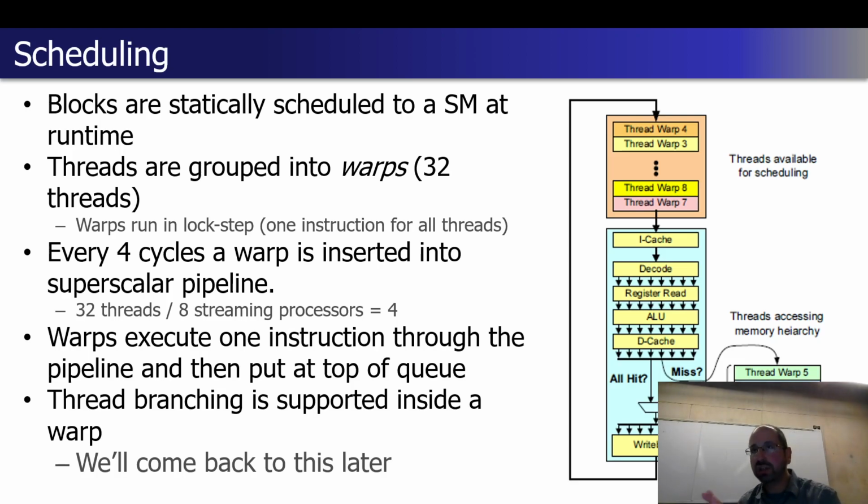That has started to change a little bit depending on how recent of a GPU architecture we're talking about. But for quite a period of time, the most straightforward explanation of what happens is you have a branch and you wind up taking both sides of the branch every single time, because these warps are executing in lockstep with each other. I can't have 16 of the threads going here and 16 threads going over here. I can't even have 1 thread going over here and 31 threads going over here.